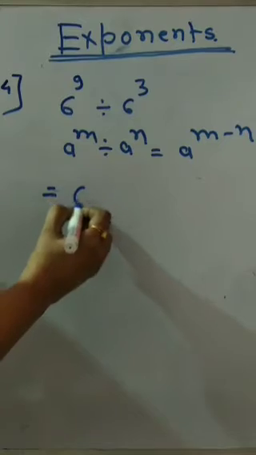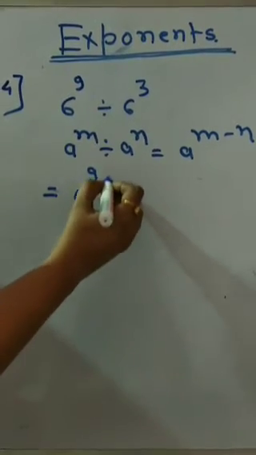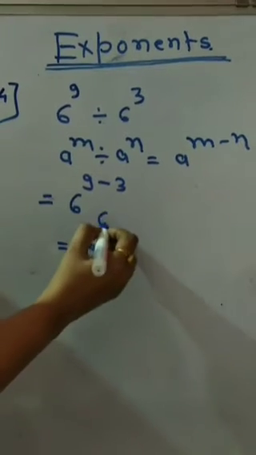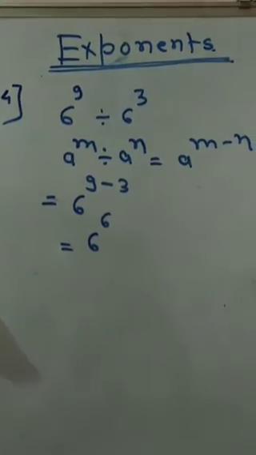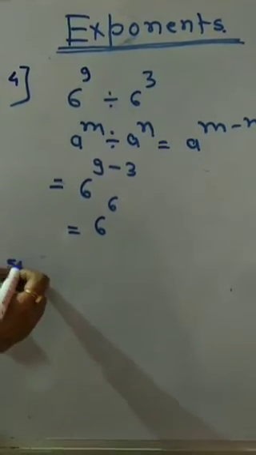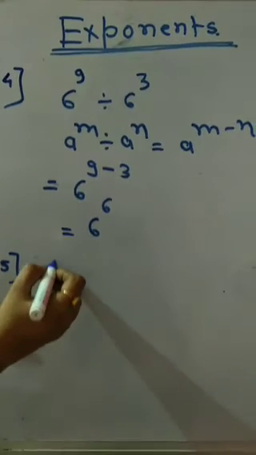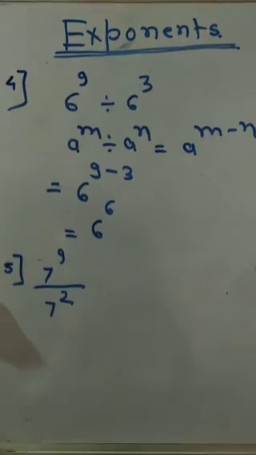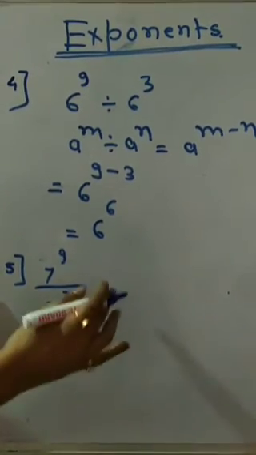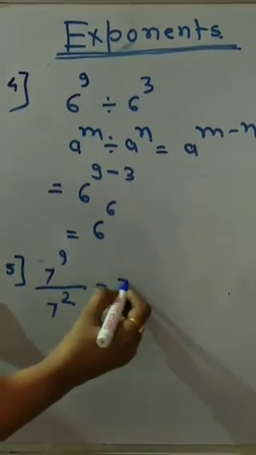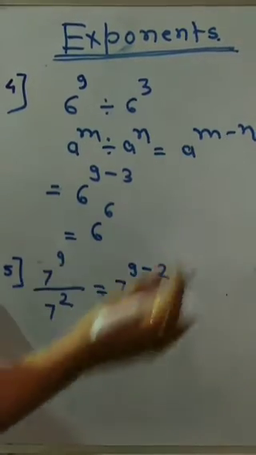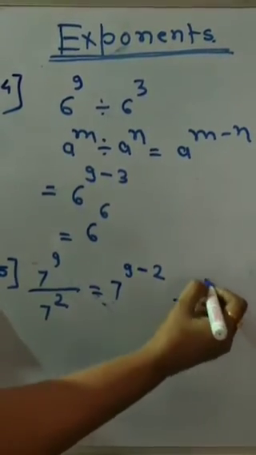Therefore, 6 raised to 9 minus 3, 6 raised to 6. Fifth one, 7 raised to 9 divided by 7 raised to 2. The base is the same. 7 raised to 9 minus 2. Go with the formula. Therefore, 7 raised to 7.